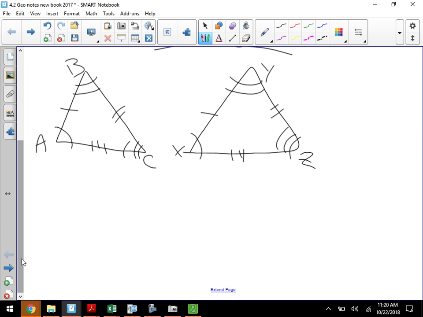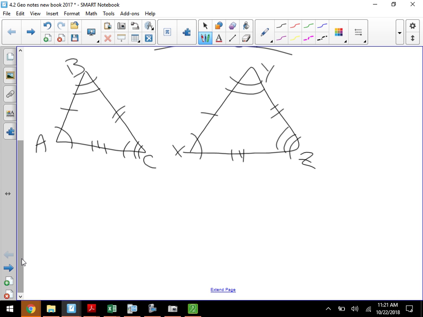But notice the acronyms we have up there: SSS, SAS, AAS, and ASA. What don't you see? There is no ASS in math. Because it doesn't work.